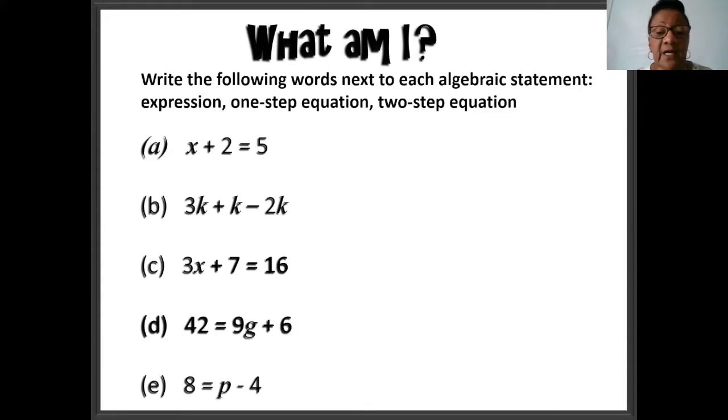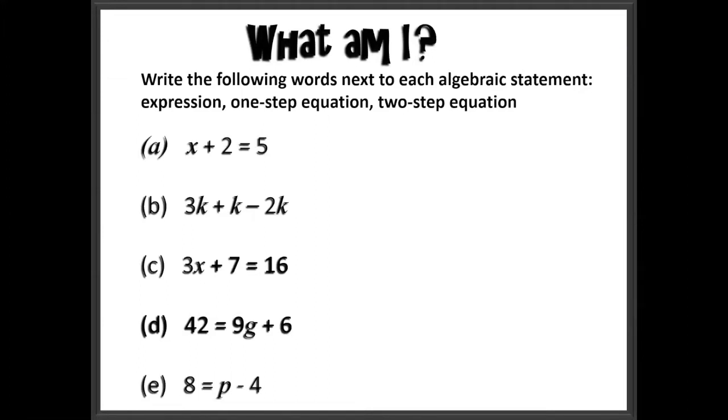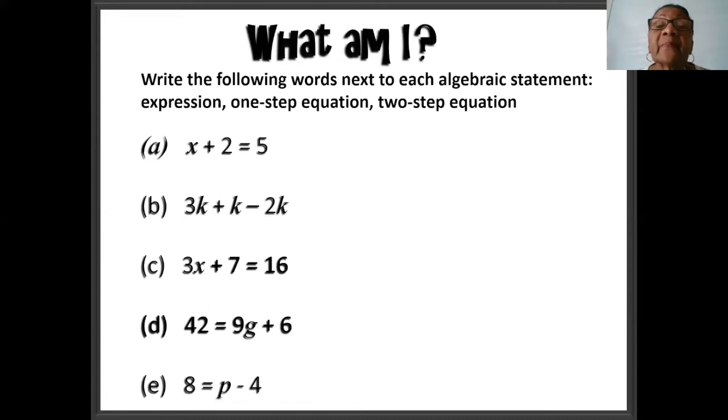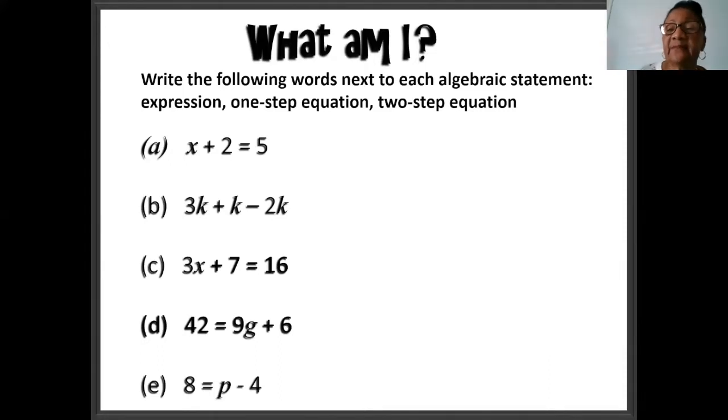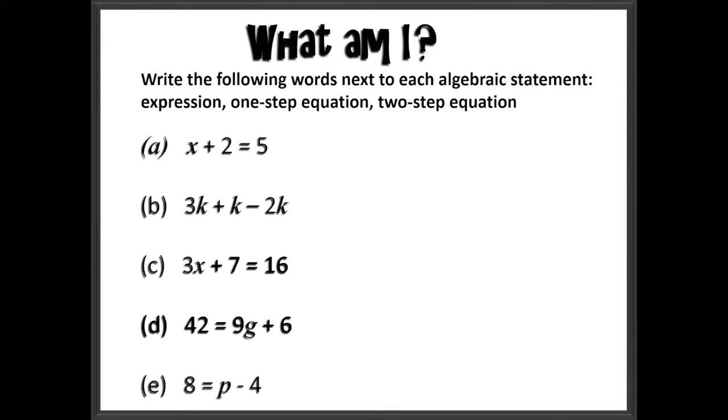I'll give you a chance to identify whether it's an expression, a one-step equation, or a two-step equation. Okay. Some answers coming in. We'll do answers together, so just hold a minute and let them try. Keep your answers up so that you can compare when we tell you what the right ones are.